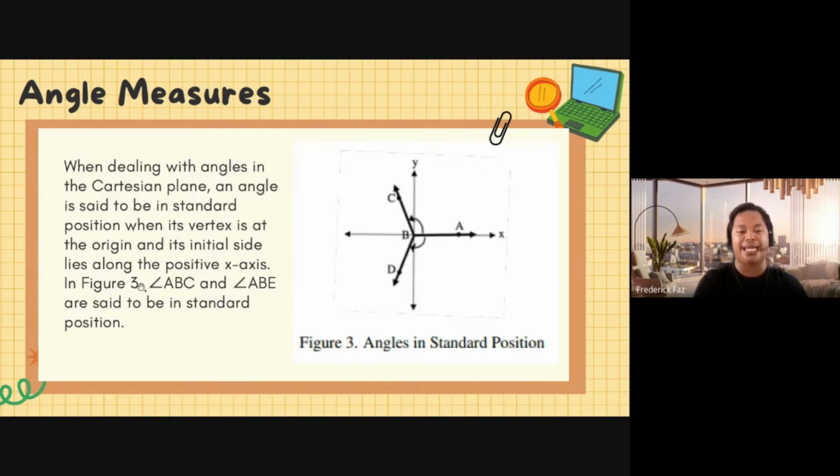In figure 3, angle ABC and angle ABD are said to be in standard position. Angle ABC is positive since ray BC moves counterclockwise, while angle ABD is a negative angle since ray BD rotates in a clockwise direction.